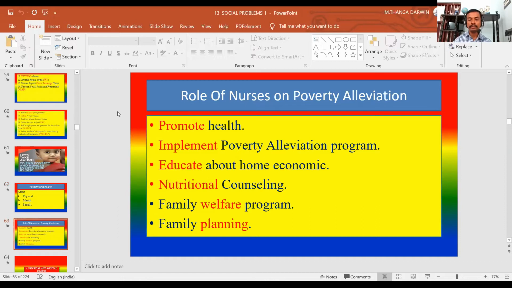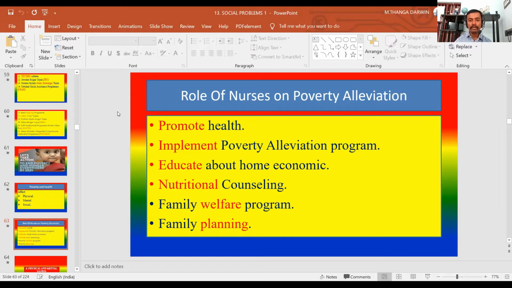Then the role of nurses. We are nursing professionals. We are doing a fundamental role. Fundamental means primary role. Health is primary. People having good health may try to overcome poverty. First, promote health, using the various nursing services available.